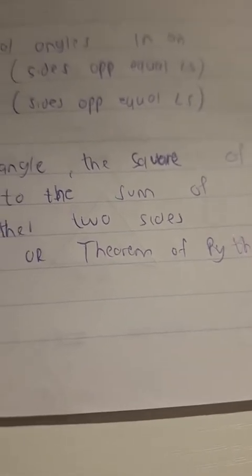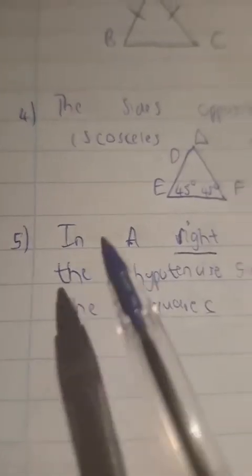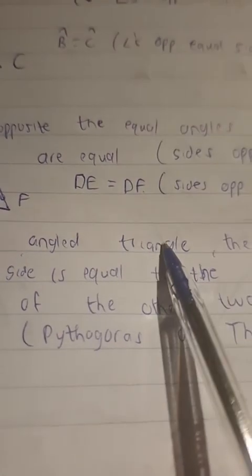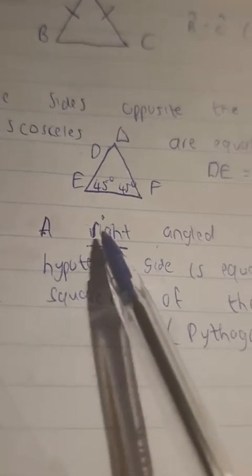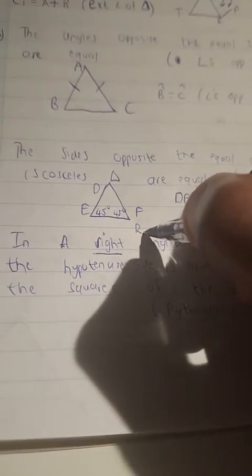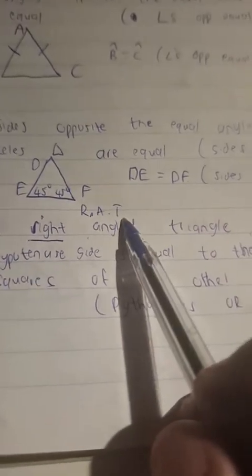I think one more time, I will repeat. What do you guys think? In a right-angled triangle, I usually call a right-angled triangle, look at the first letters, R-A-T. I call it a rat.